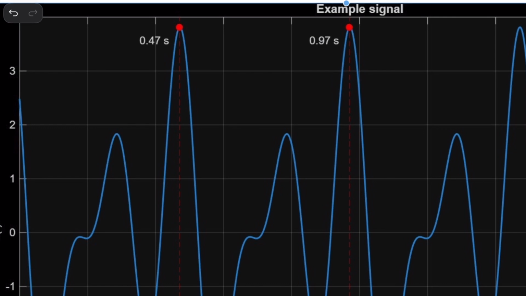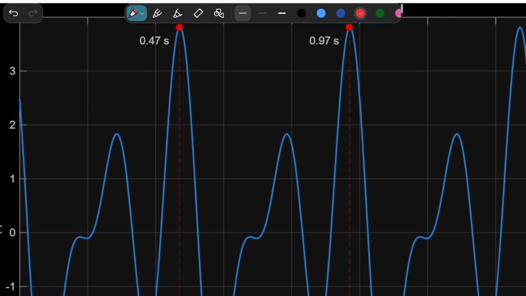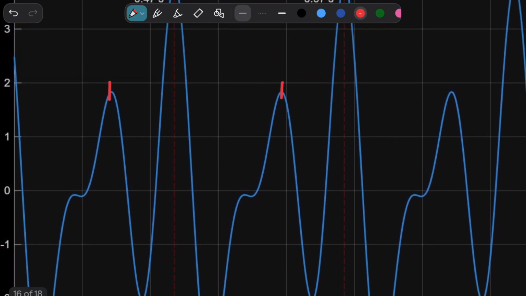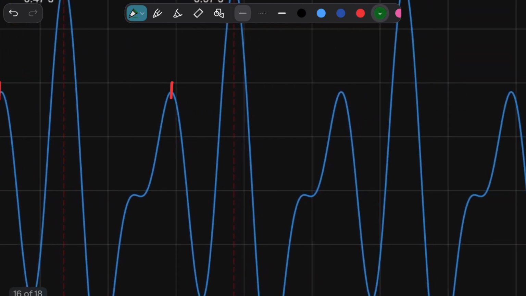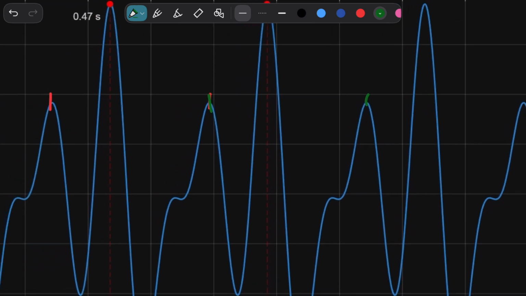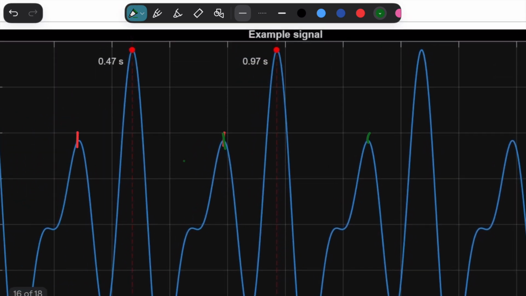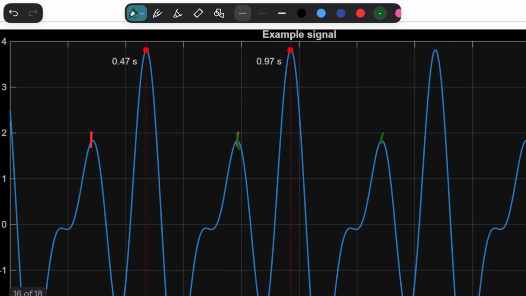Like, for example, from this point right here to this point right here, we see that it's the same as this point and this point, right? We have the same pattern like this. There's a regular periodic behavior.